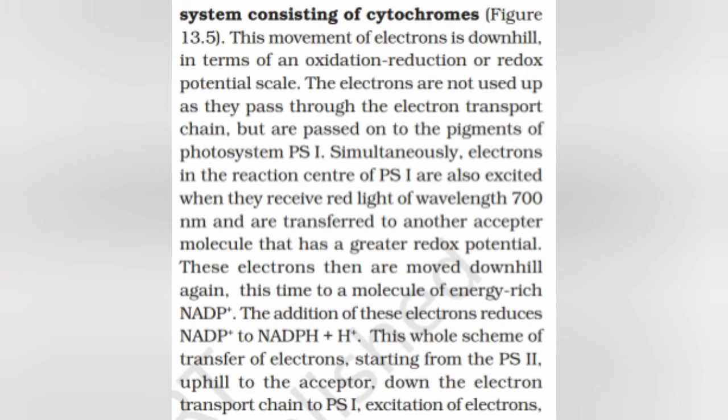This movement of electron is downhill in terms of an oxidation reduction or redox potential scale. The electrons are not used up as they pass through the electron transport chain but are passed on to the pigments of photosystem I. Simultaneously, electrons in reaction center of PS1 are also excited when they receive red light of wavelength 700 nanometer and then are transferred to another acceptor molecule that has a greater redox potential.